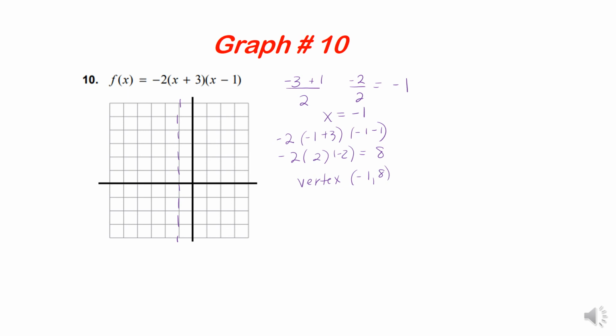So I'm going to do these by 2, so 2, 4, 6, 8. This is my vertex. Okay? This is my axis of symmetry, and that is x equals negative 1, and this is negative 1, 8.